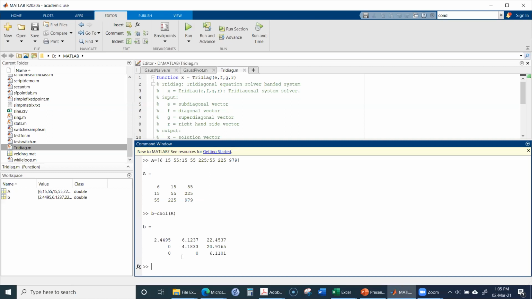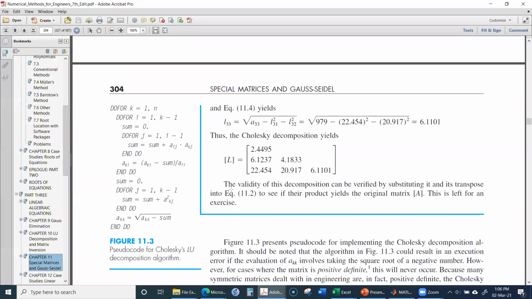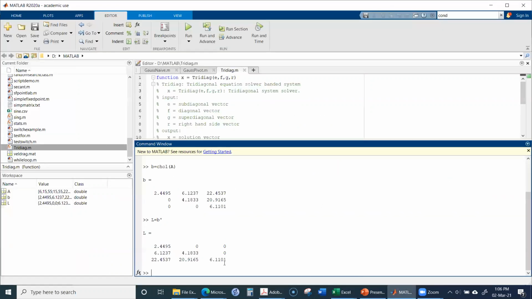If I want the lower triangular matrix, I need to take the transpose: L is equal to B transpose. So this gives 2.4495, 6.1237, which is the same answer as we got before.